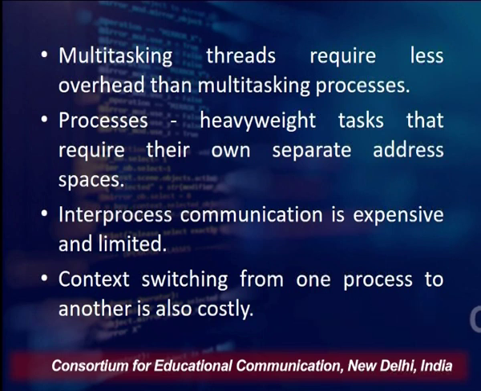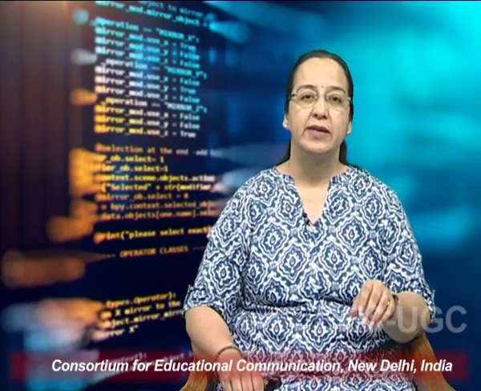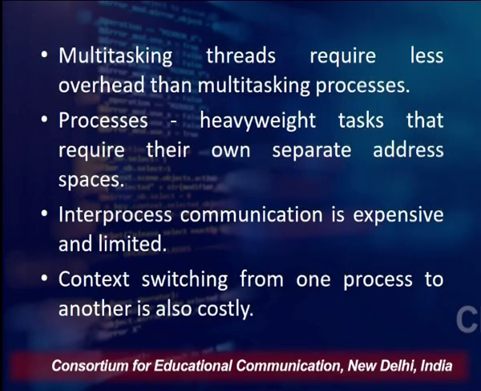Inter-process communication is obviously an expensive affair, and that is why it is very limited. And because each and every process has its own separate address space, context switching from one process to another becomes a costly task.